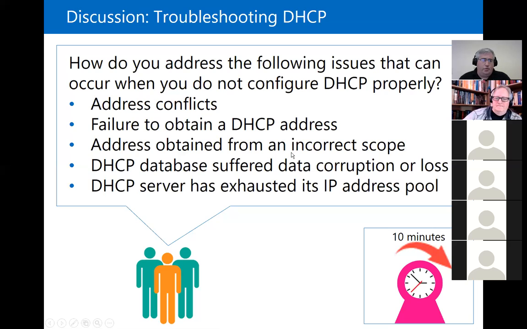Incorrect scope, that would be a problem on the servers, and possibly at the switch level, because it might be on a different VLAN. We haven't talked about VLANs, but it's a way for you to have multiple networks all on one switch.